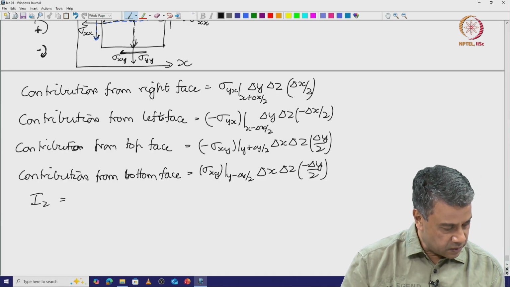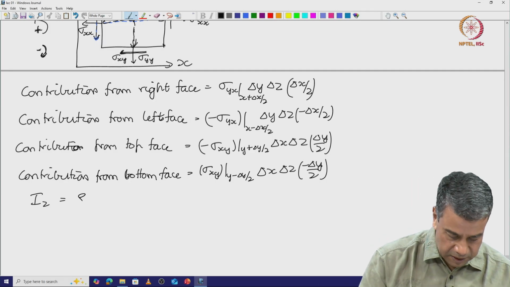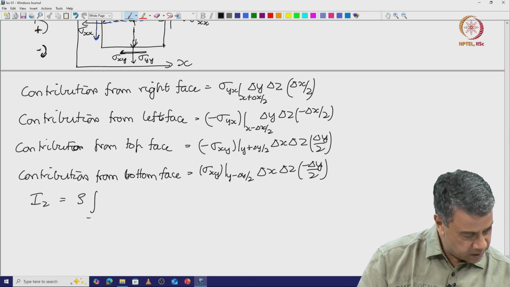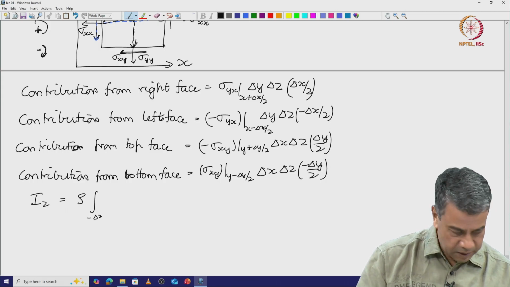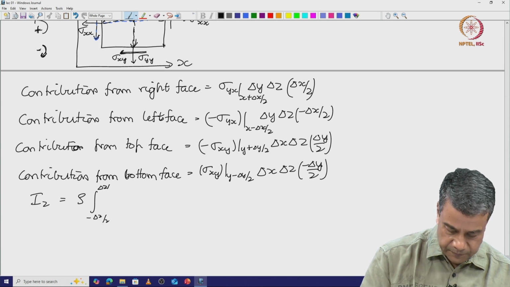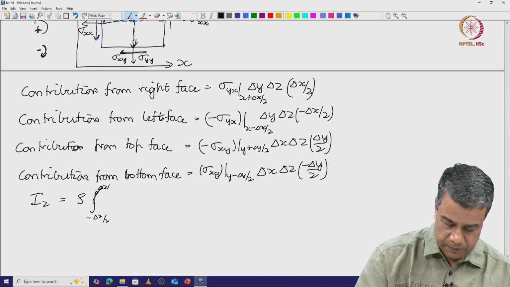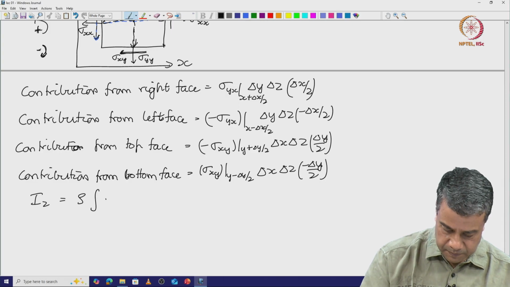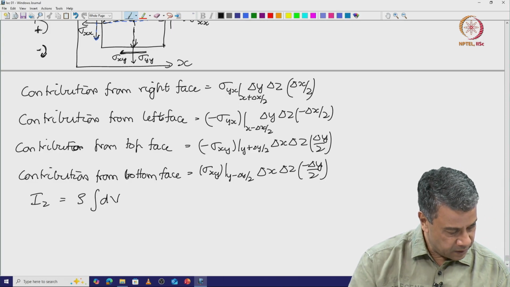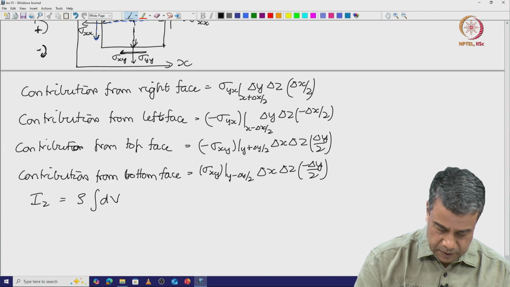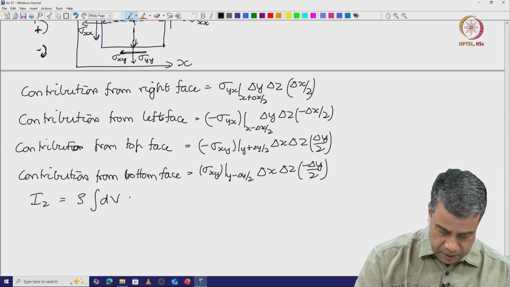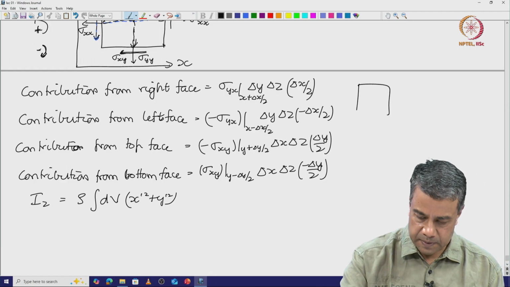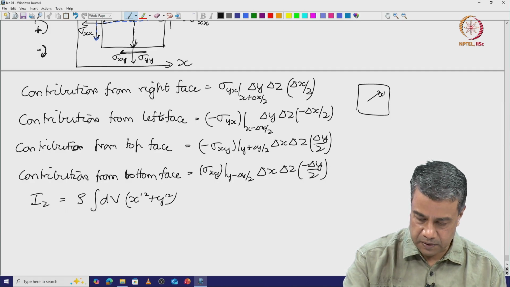Basically this scales as the density times an integral over the entire volume dV of x prime square plus y prime square, where x prime and y prime are the distances to any particular location.